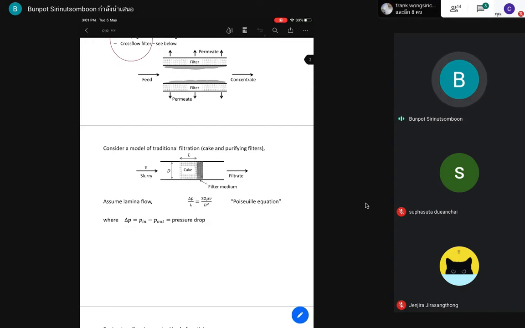When you run the filtration system over time, you get an accumulation of solid, called cake, on top of the filter. The cake itself acts as an additional filter, and it keeps getting bigger over time.